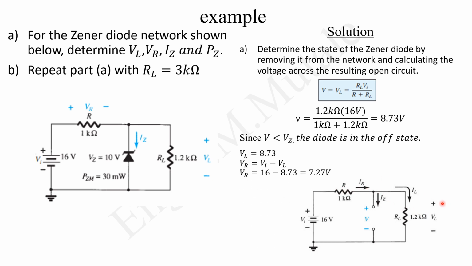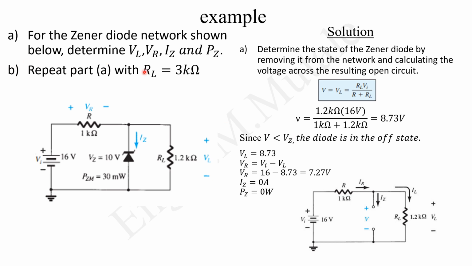When you do that subtraction, you're going to have 7.27. Then you also have IZ, the current passing through the Zener diode. As you can see, this is an open circuit, so there is no current passing through there. So the current is 0 amps, and the power on the Zener is also 0 because it's an open circuit. So this is for the off-state condition.